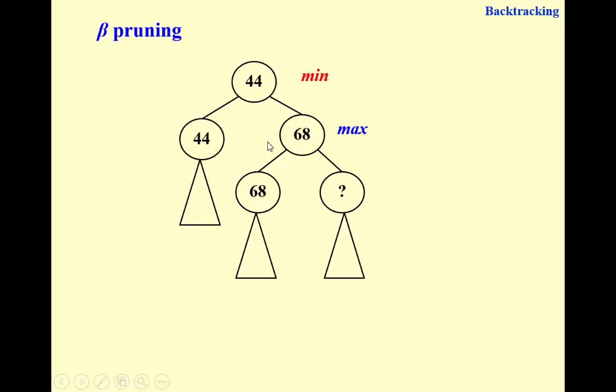And this 68 is greater than this 44. Then for a very similar reason, we can simply cut this branch, because no matter what this number is, it will not affect the final result of this min level. I'm not going to go through the details for this one. Everything is similar.